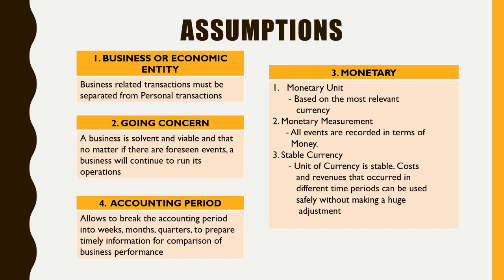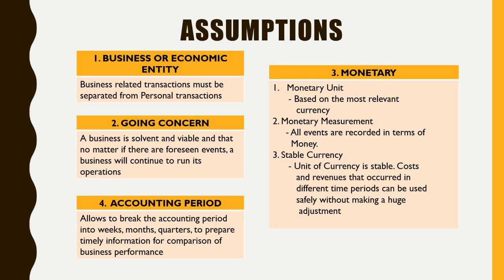Okay. Last but not least is going to be the accounting period assumption. This is where the government allows you to break your accounting period into smaller sections, in a way to be able to measure profitability or to run your reports.